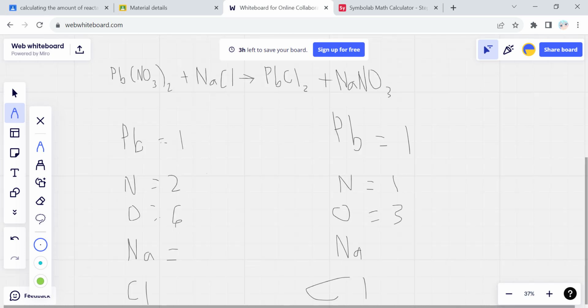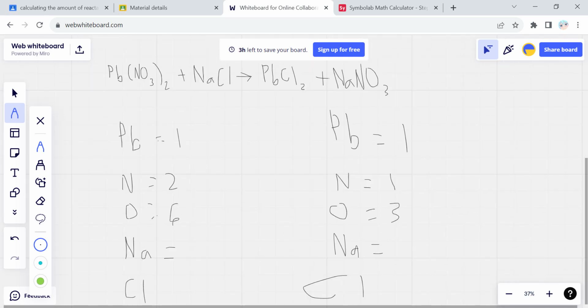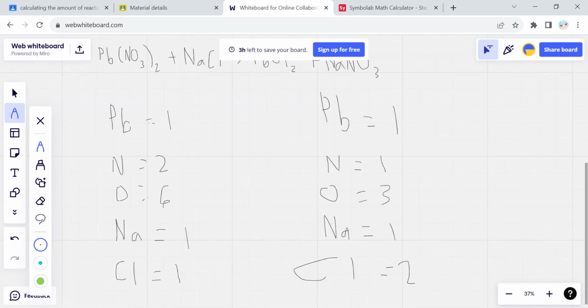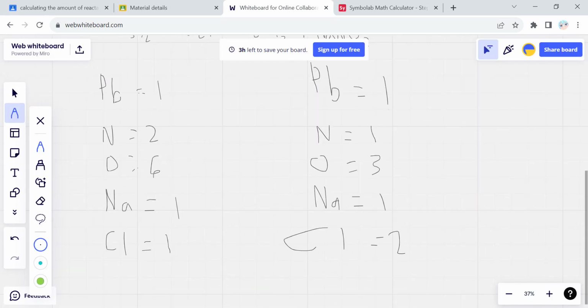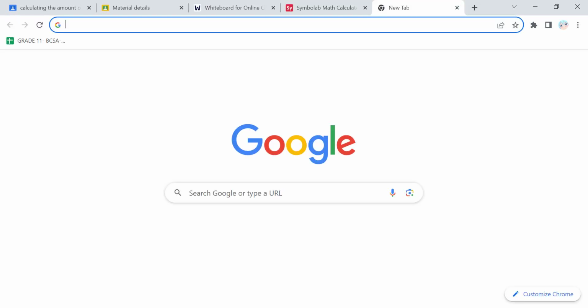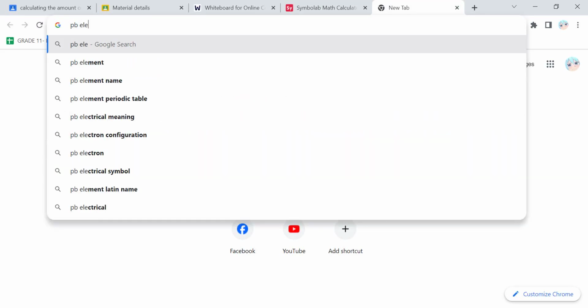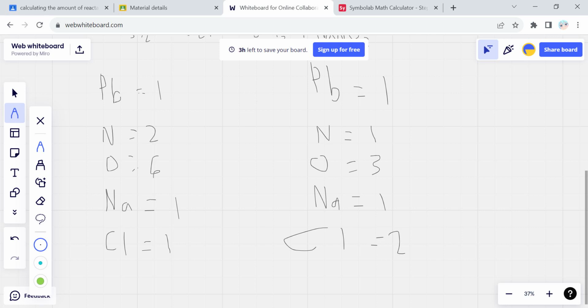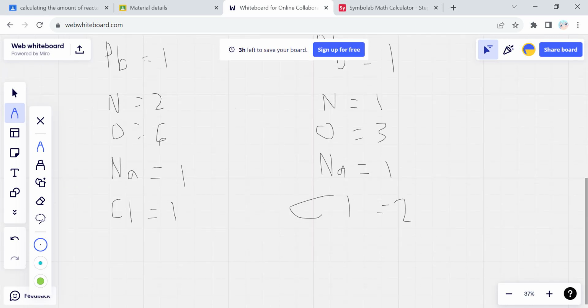Our sodium here is 1, our sodium here is 1. Chlorine, 1. Chlorine here is 2. As you can see, only Pb, I actually don't know what Pb stands for. Lead. Okay, good to know. Our lead is already balanced. Same with our sodium, but the rest are not.